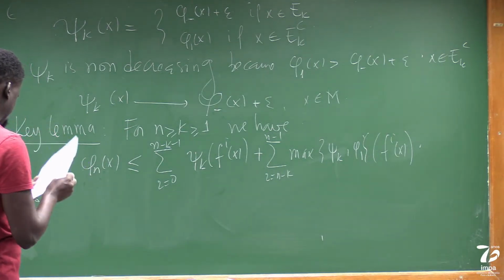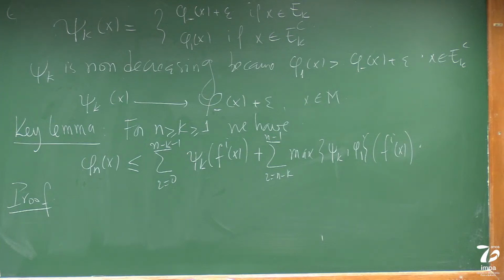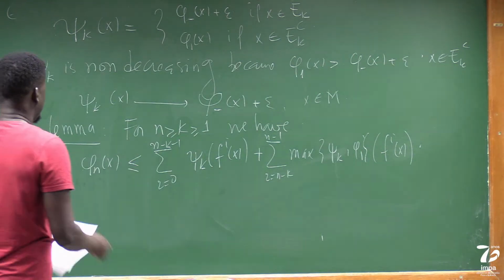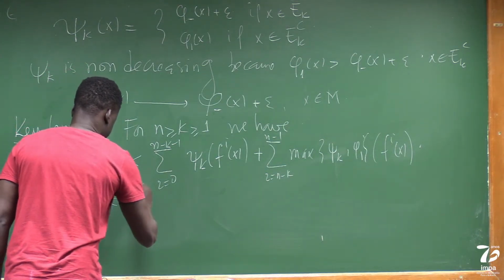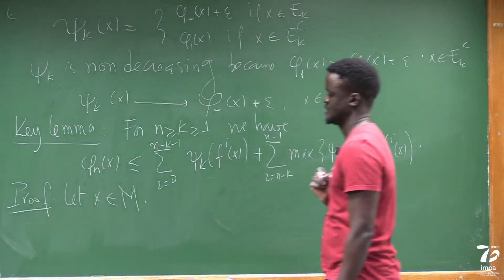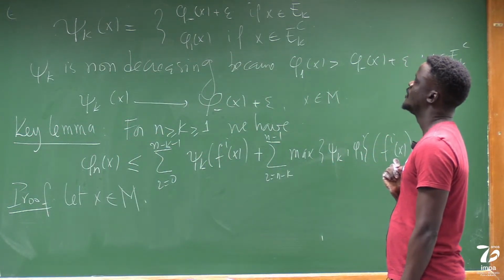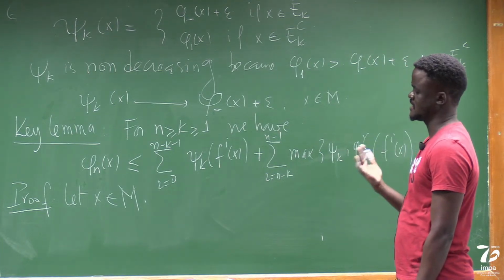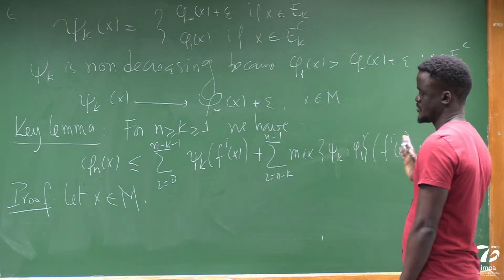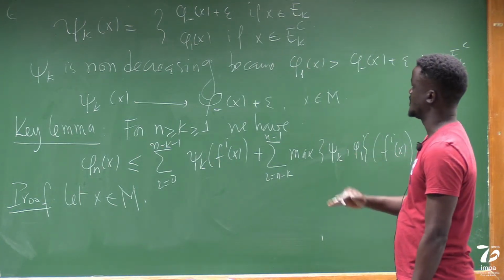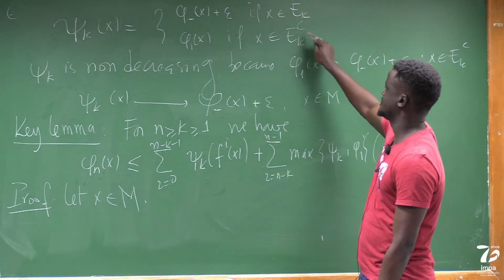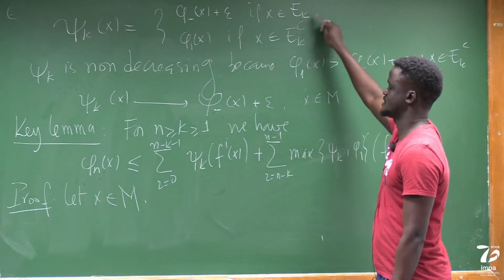Okay, I have half an hour to do a lot of things. So the way to do it is to do a type of splitting of the orbit. So if you pick x, let x be in M. If you pick x in M, you can split the orbit of x corresponding to whether you are in the E_K complement or E_K, okay?